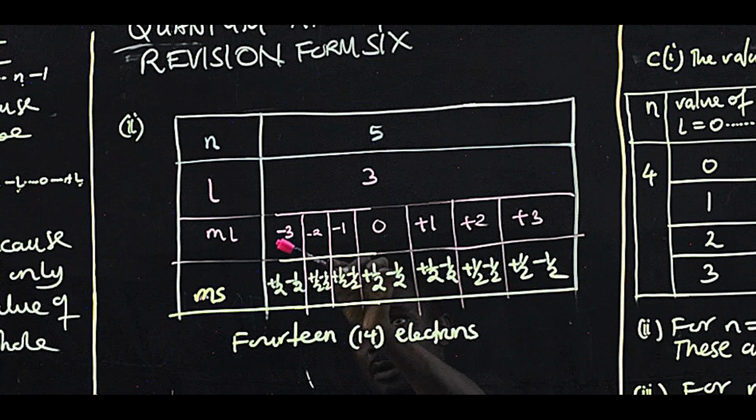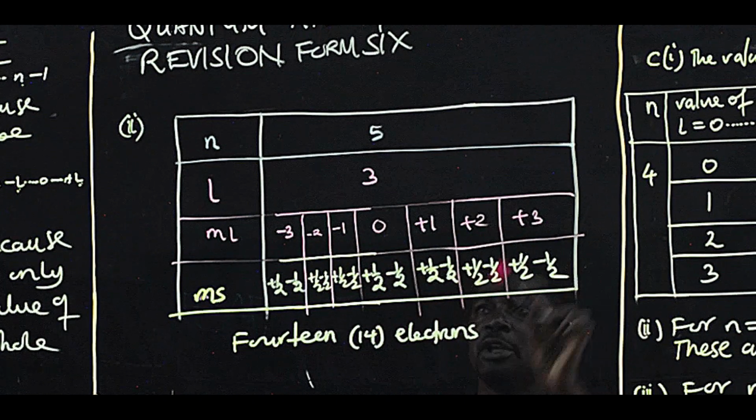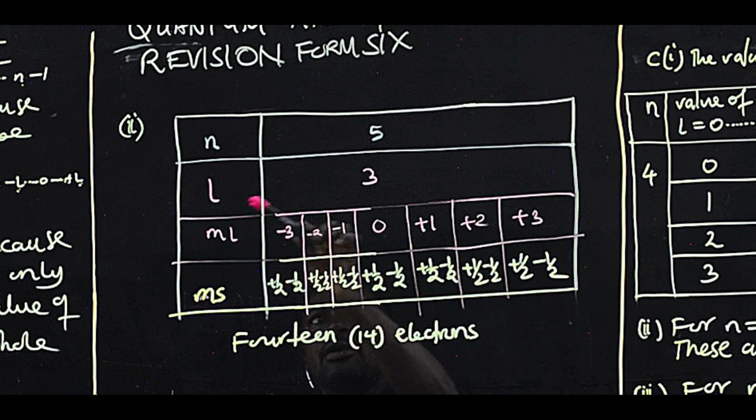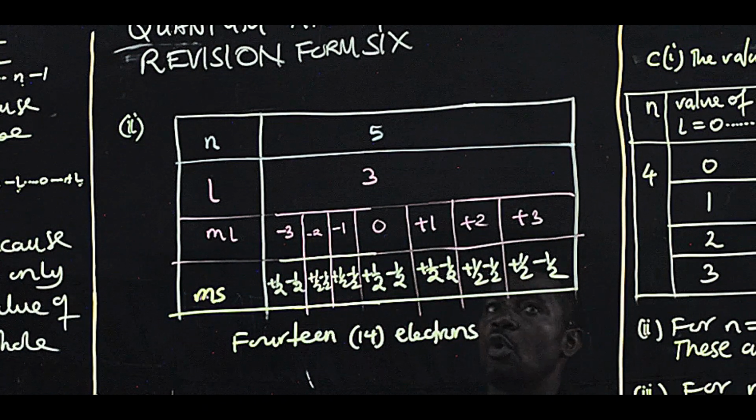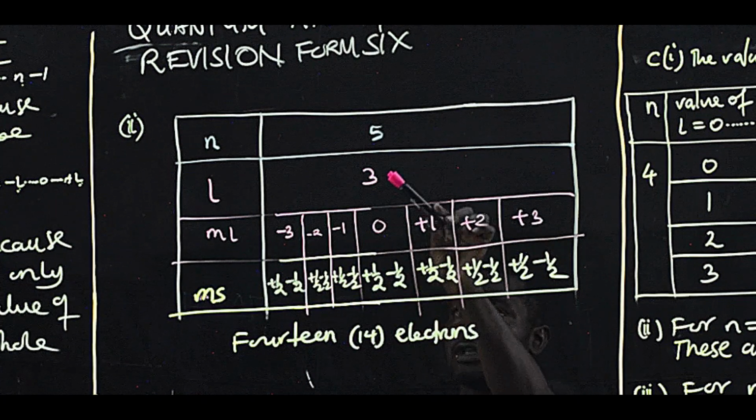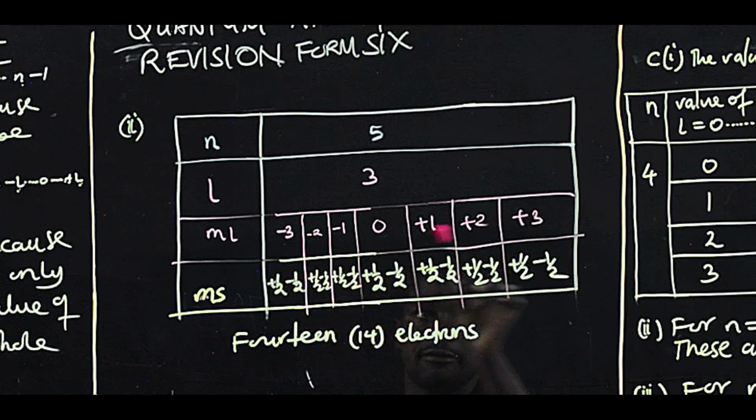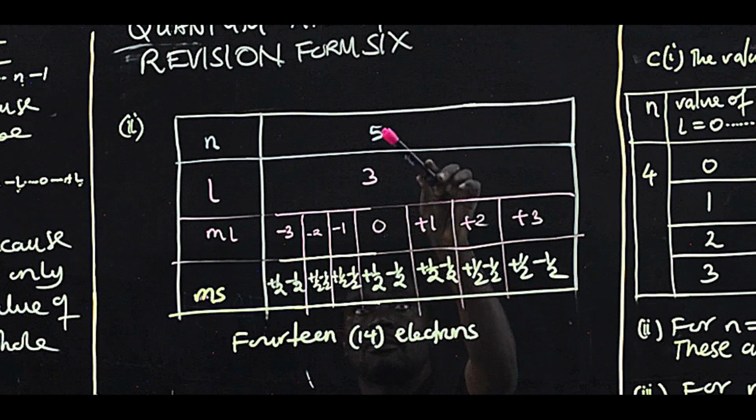So this indicates the total number of orbitals present for l is equal to 3. There are 7 orbitals in total. To get the total number of electrons in the given set of quantum numbers, take the 7 orbitals multiplied by 2, because 1 orbital accommodates 2 electrons. So the total number of electrons in the given set of quantum numbers is 14 electrons.